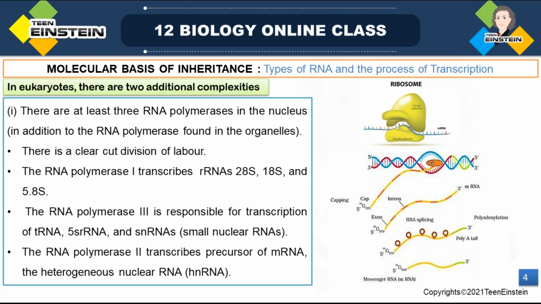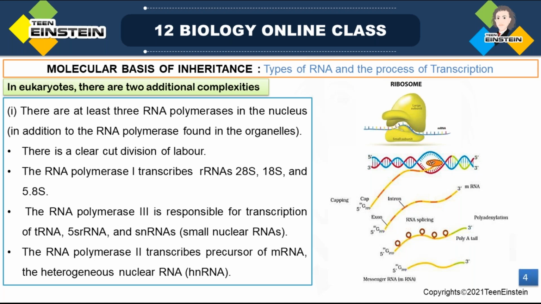But in the case of bacteria, there is only one RNA polymerase that functions throughout. And in eukaryotes, you can see a clear division of labor, with at least 3 RNA polymerases in the nucleus.